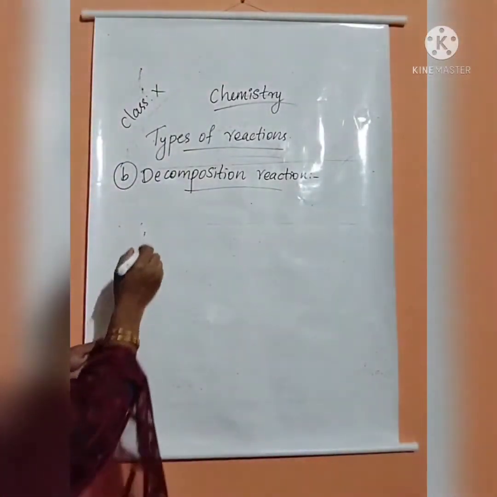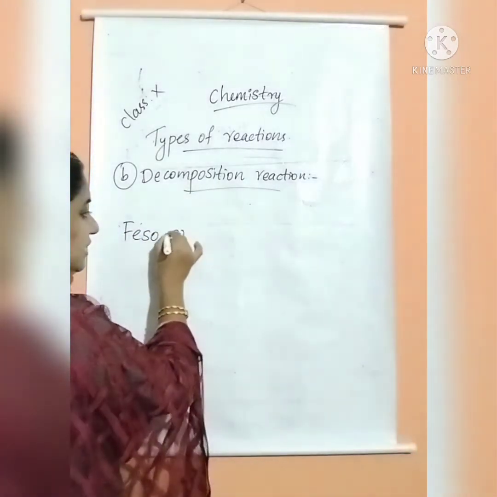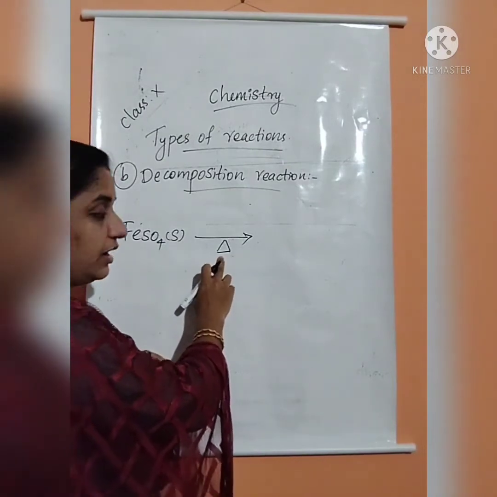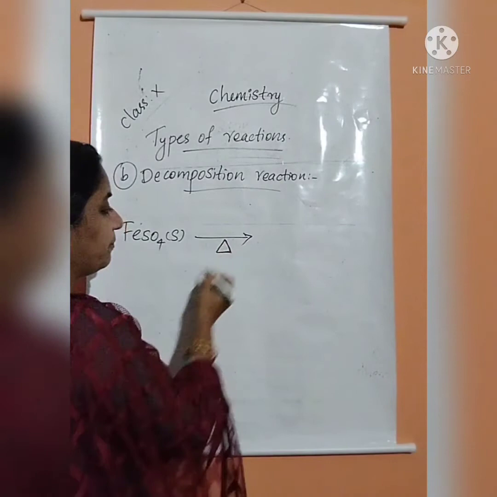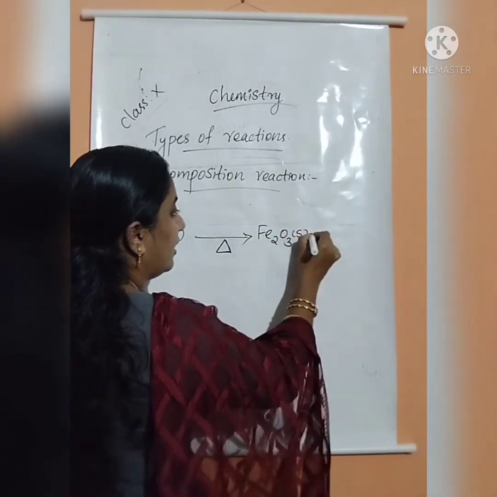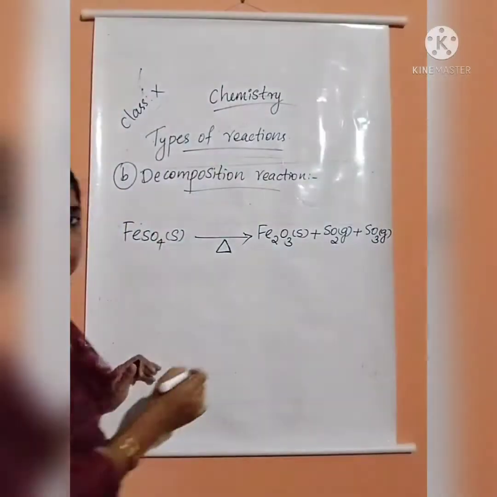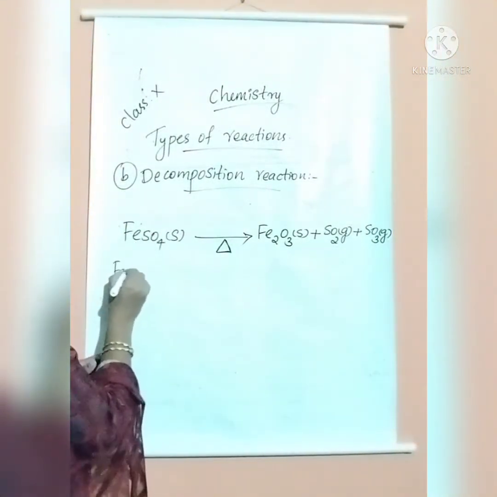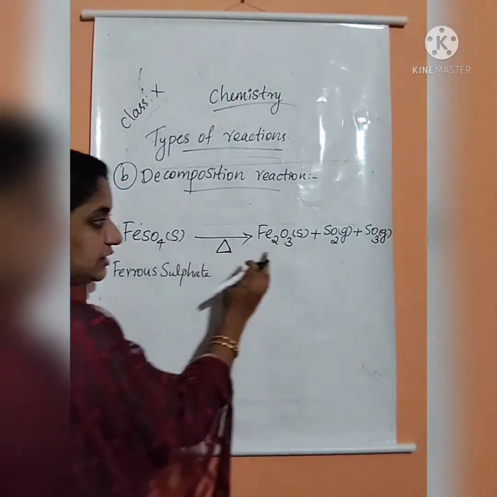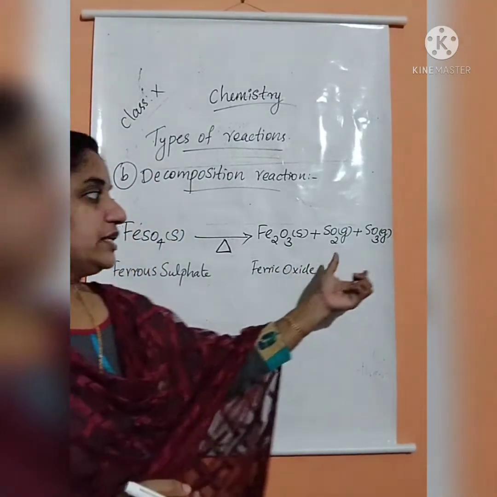Okay, I will write the equation. Ferrous sulfate, FeSO4, when we heat ferrous sulfate crystals, it decomposes into ferric oxide, sulfur dioxide gas and sulfur trioxide gas.